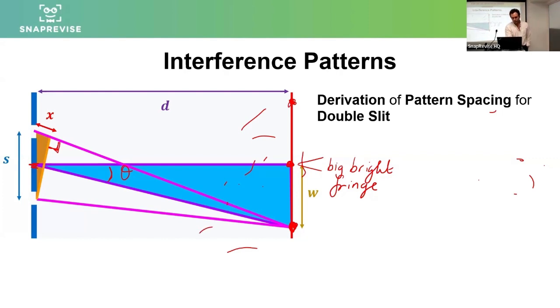If I draw the path from each slit to the point on the screen that I'm temporarily interested in, and I then draw a path parallel to that, x represents the path difference between them. Or rather, I'm going to draw this orange line, and x I'm going to define as the path difference.